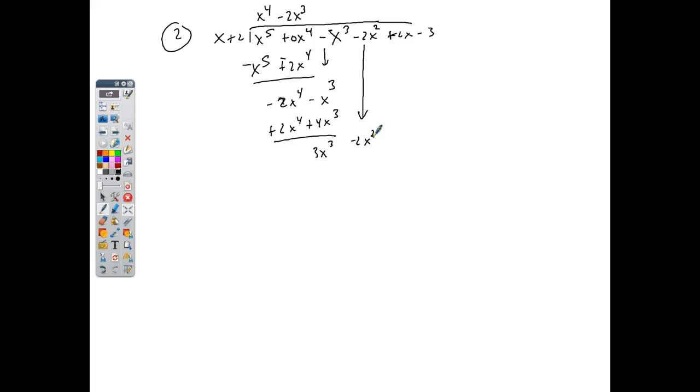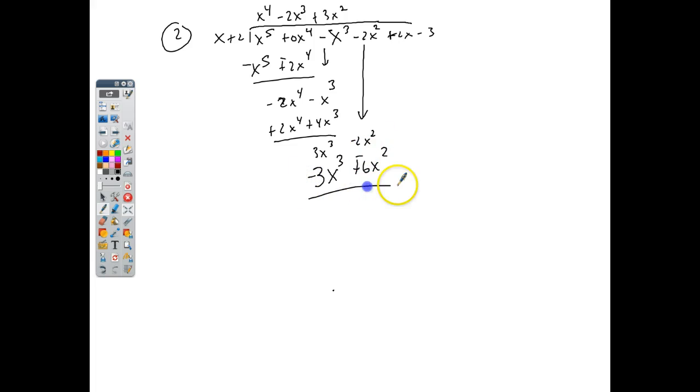Okay, what times x gives me 3x cubed? Plus 3x squared, right? Because you need an x to the 3rd. Oh, x to, I thought it was x. Okay, so this becomes 3x to the 3rd plus 6x squared, right?